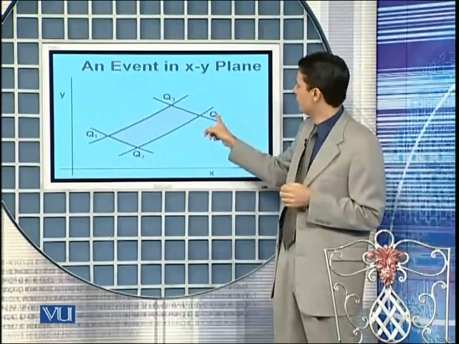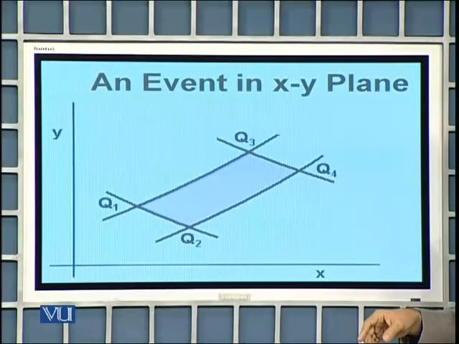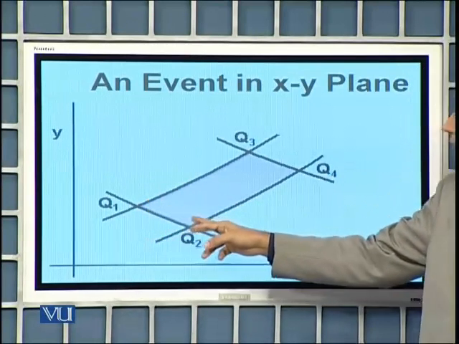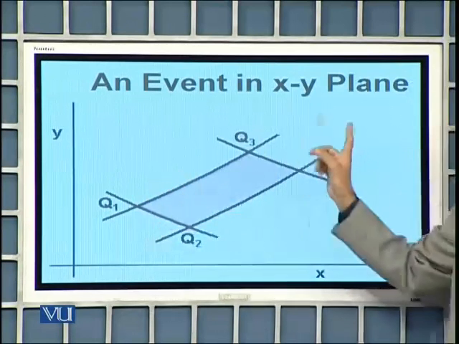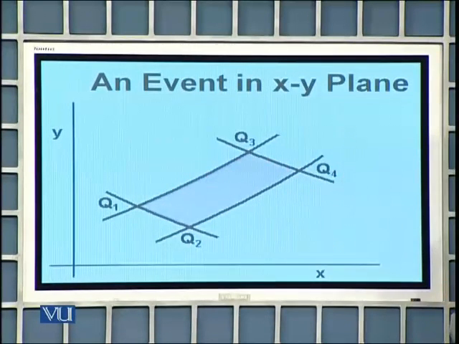And finally, for point Q4, which was obtained from point Q1 by double movement of point P1 to P4 through a small movement along the u-axis followed by a small movement along the v-axis.